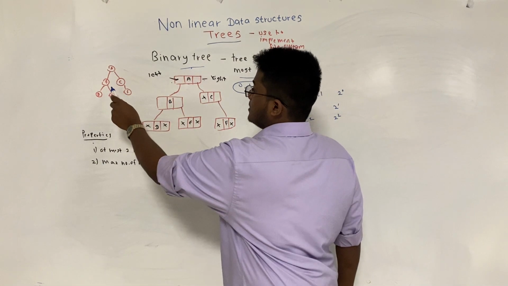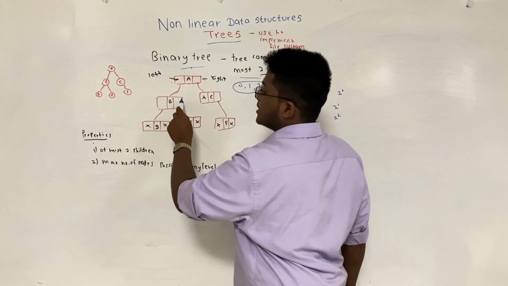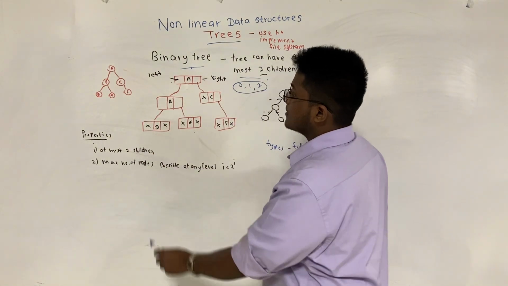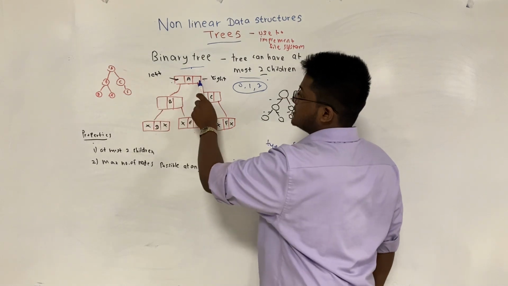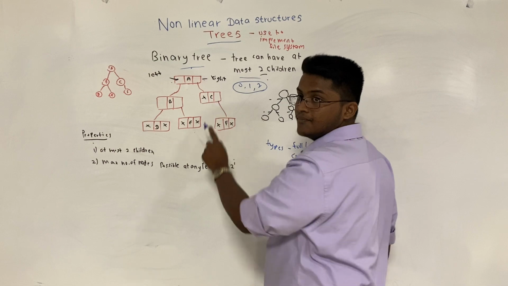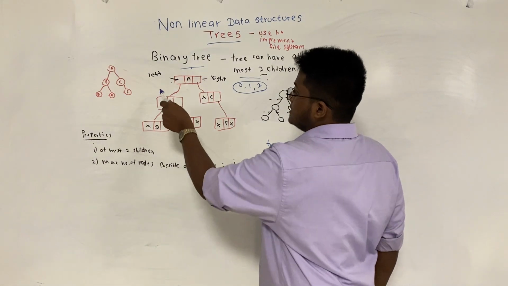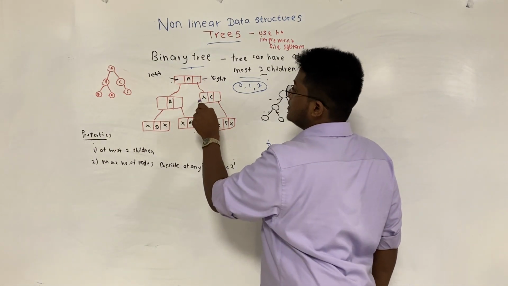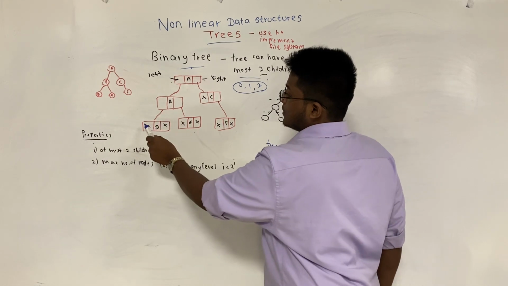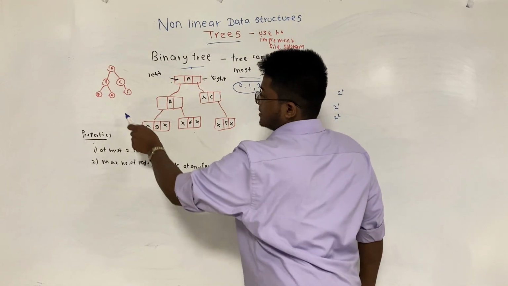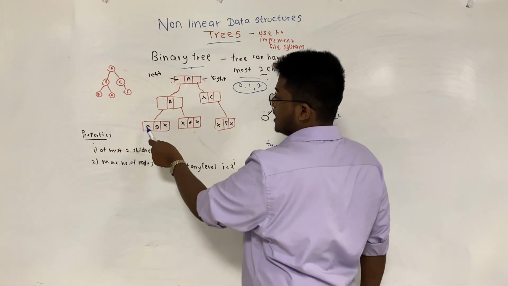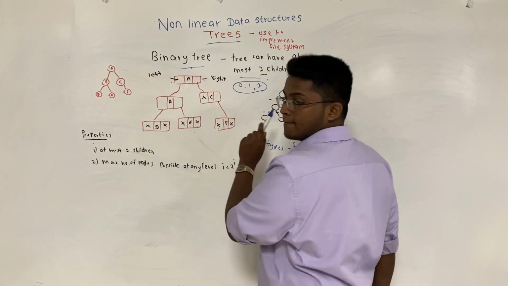And to B there are a left subtree and a right subtree, that is D and E. And in A there is a right subtree, C, right? And in C there is no left subtree, there is a right subtree for F. And these have no children. These are leaf nodes. Therefore, these are empty. Right?